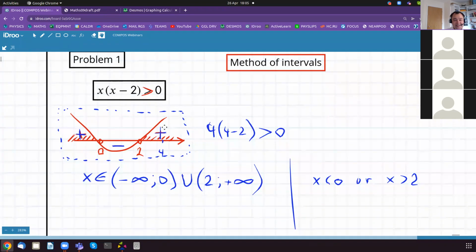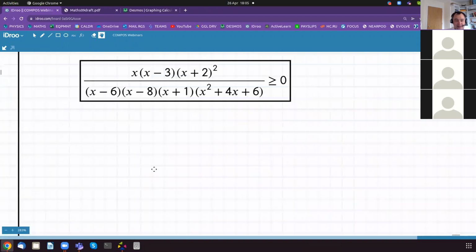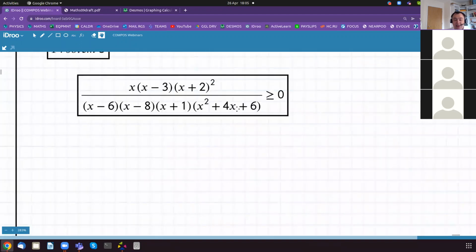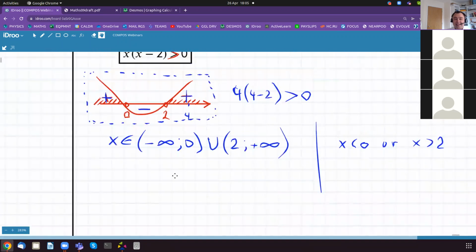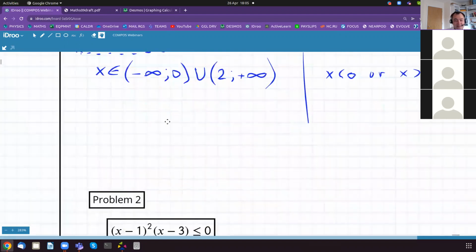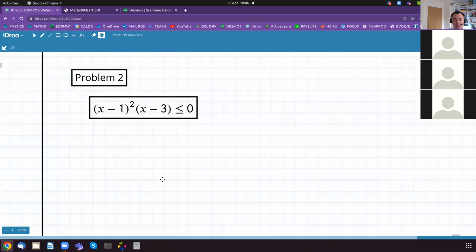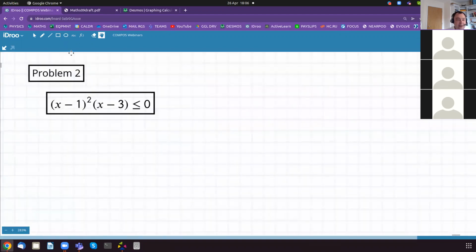But the beautiful thing about this method is that, for example, this inequality is not harder than the one that we just did. That's the beautiful thing about it. So what does the method of intervals require?